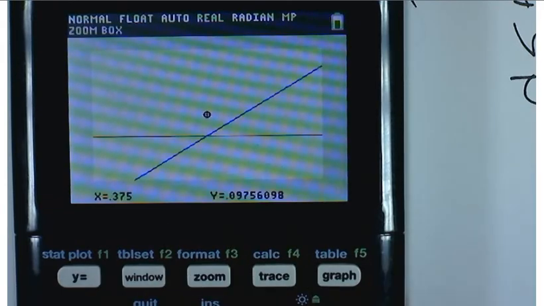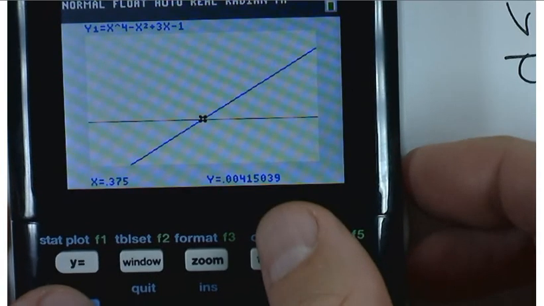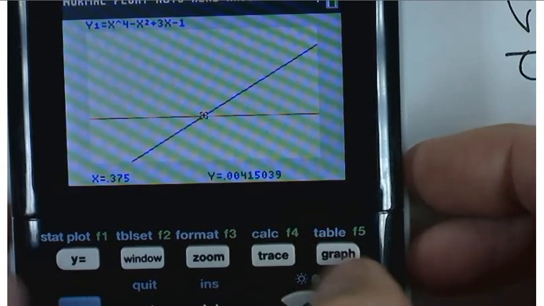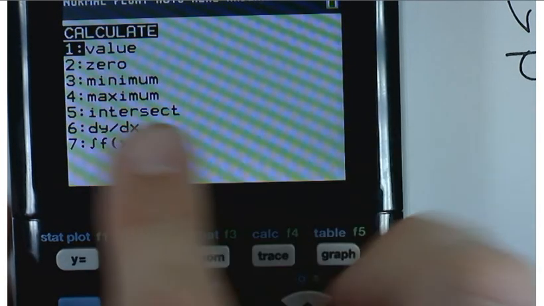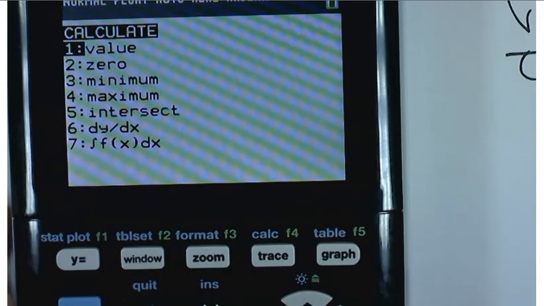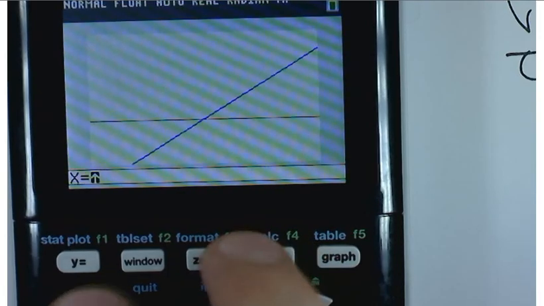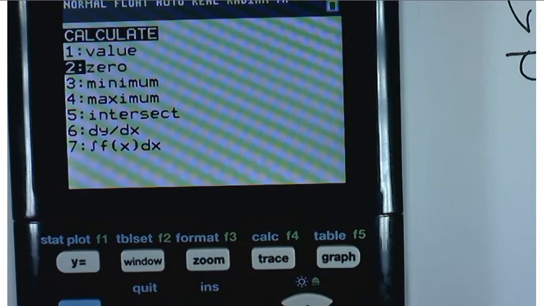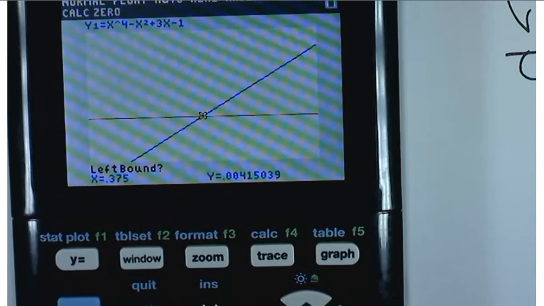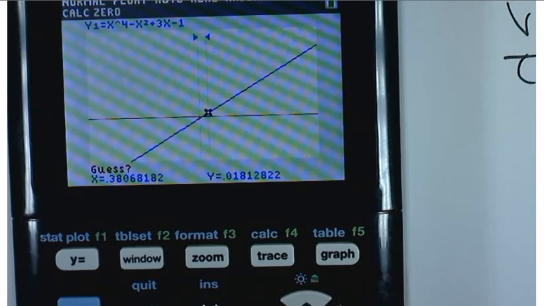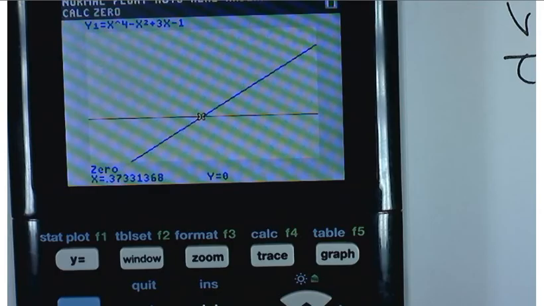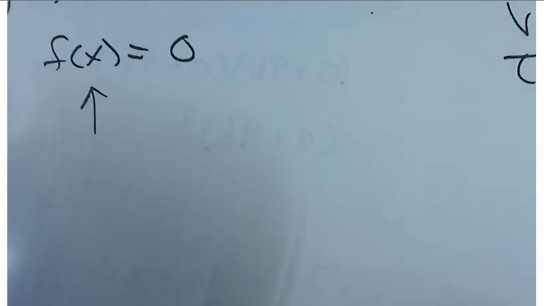In all honesty, though, if you actually needed a point like that, hit the second menu, then the trace key, and find the 0. And then you can find it a little bit faster. Second trace. Yeah, left bound, etc. Now, I'm not going to make you responsible for all that stuff. I'm just letting you know it's available so that you can use it later on.